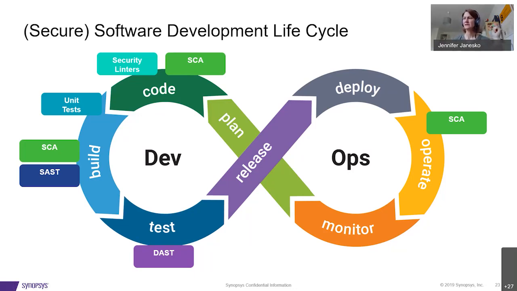And you'll notice these tools are placed very specifically in different parts of the DevOps 8 cycle. That's because it is in the coding part where security linters belong and the build part where unit tests belong, and so on and so forth. So what I've tried to do is put those tools as close to the different parts of the process as possible so that you can see where they fit.